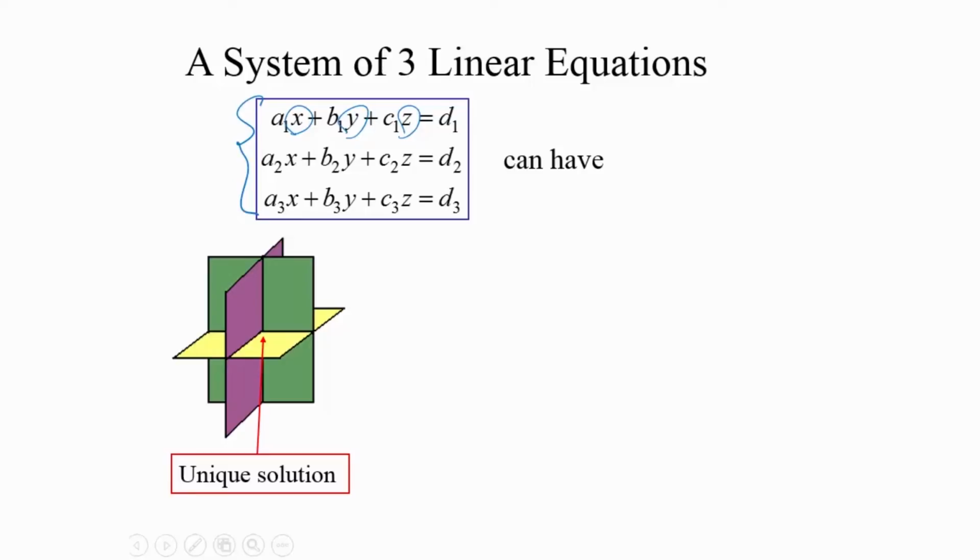They cross each other at one point. There is one point which is in common between the 3 sheets, the yellow one, the green one, the purple one, where they cross each other. That way you would get a unique solution.